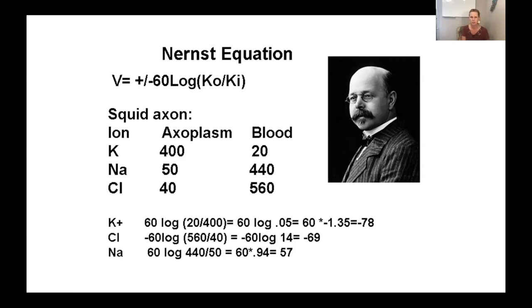Anytime there is a membrane and a differential distribution of charged particles across it, I could use the Nernst equation and tell you what the voltage is across that membrane if I knew the concentrations of this ion both inside and outside.